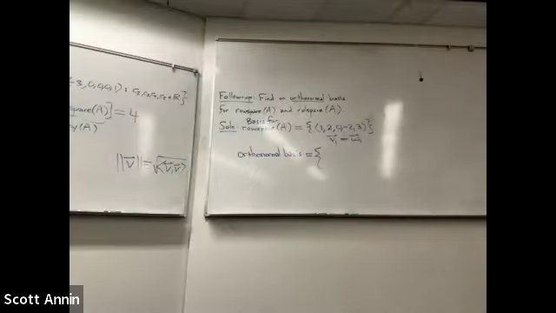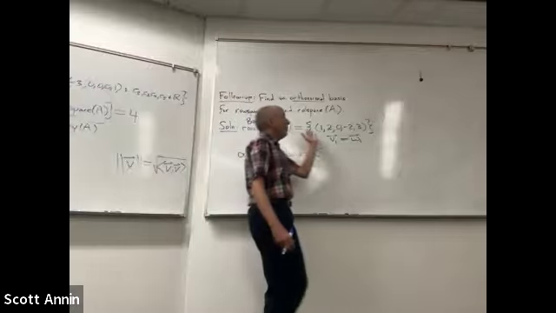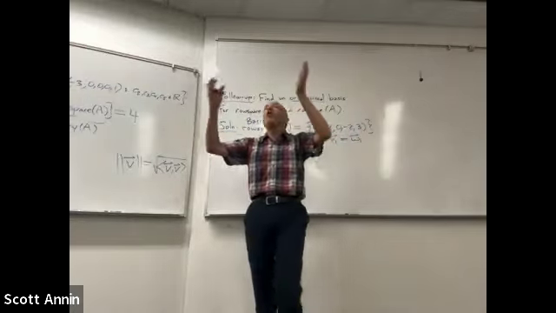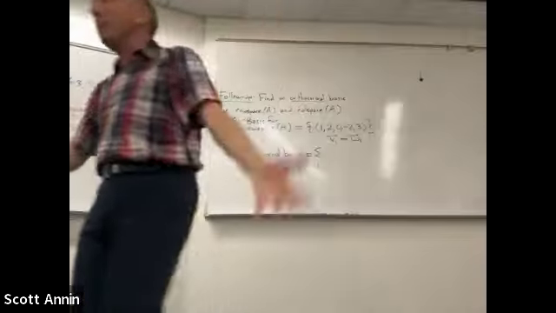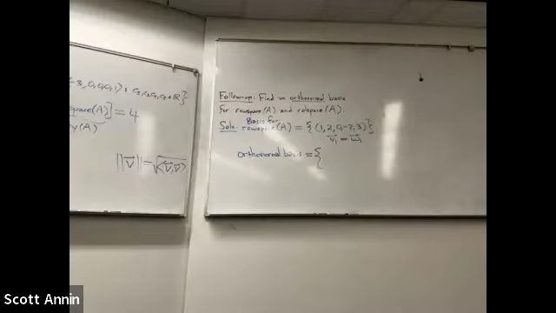The standard inner product, because they didn't give you any other inner product to use. In the universe of R5, you can see 5 slots in that vector. The inner product that you default to, if nothing else is given to you, is the standard inner product.